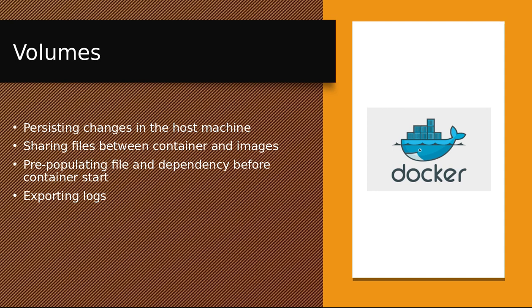Consider one example. I have a different Linux machine sitting somewhere else, and one host machine which is a Docker host machine. There I have a container running. I want to send all my data to another machine which is not local and which is not part of the Docker network also.